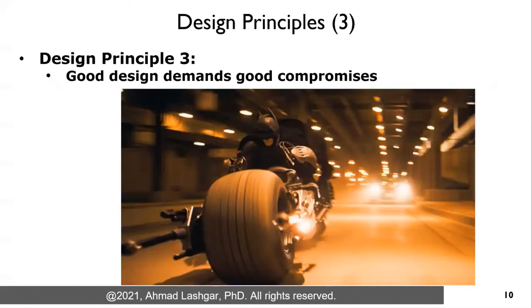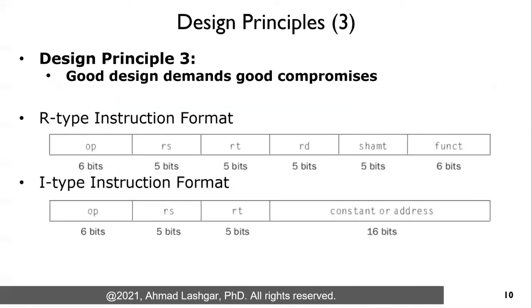Now is a good time to call the third design principle. Good design demands good compromises. A trade-off that MIPS takes is to keep all instructions the same length, but have different instruction formats. For example, we have R-type format with 6 fields to use for add, subtract, and, or generally any 3-register operand arithmetic logical operation.